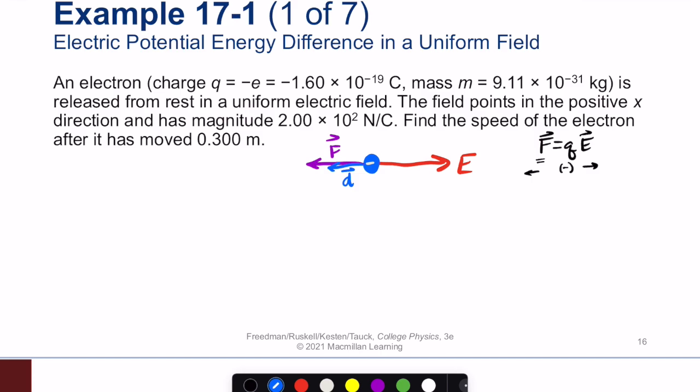Let's use our definitions of work and how it relates to kinetic energy to find the velocity of the particle after it's moved. We know from one definition of work that work is F D cosine theta. If we plug in QE for F, that makes it QED cosine theta.